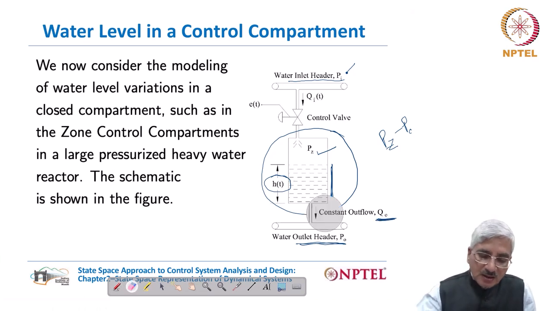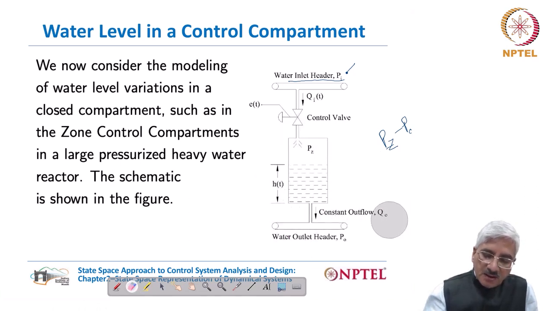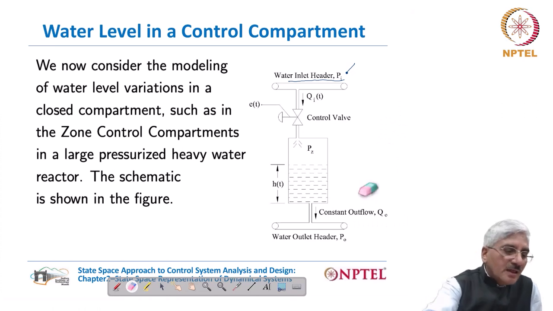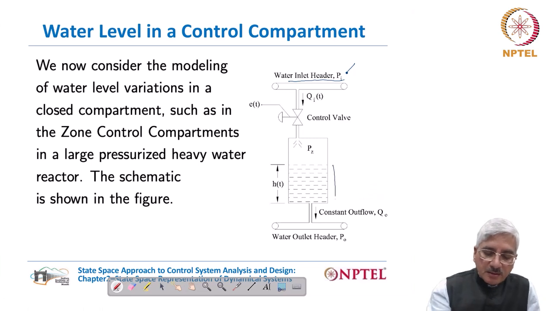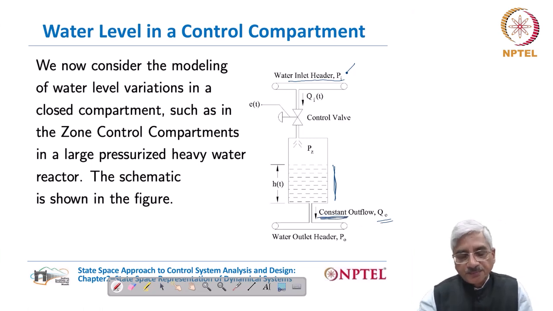So the assumption here is that the difference of PZ and PO is chosen in such a way that despite the level variations in the compartment, the outflow will remain constant. This is the assumption, and this is how the system is operated.